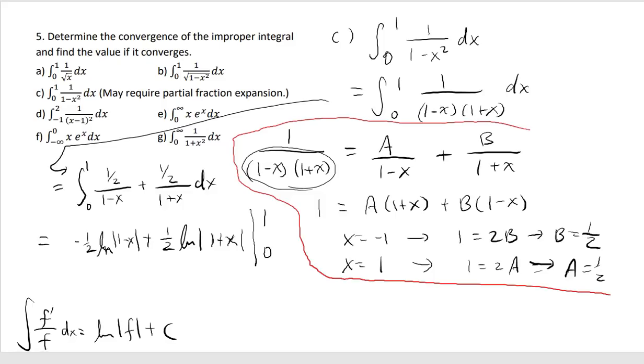However, 1 does cause a problem, so instead of putting 1, we better write down the limit as k goes to 1 from the left, approaching 1 from the left, and then plug in k accordingly.